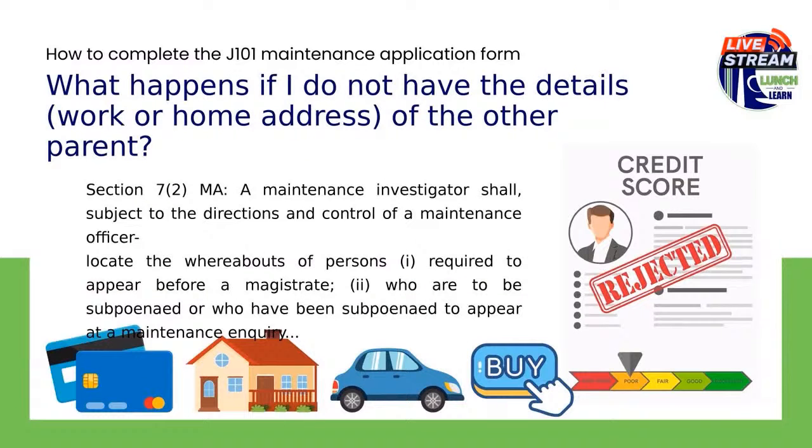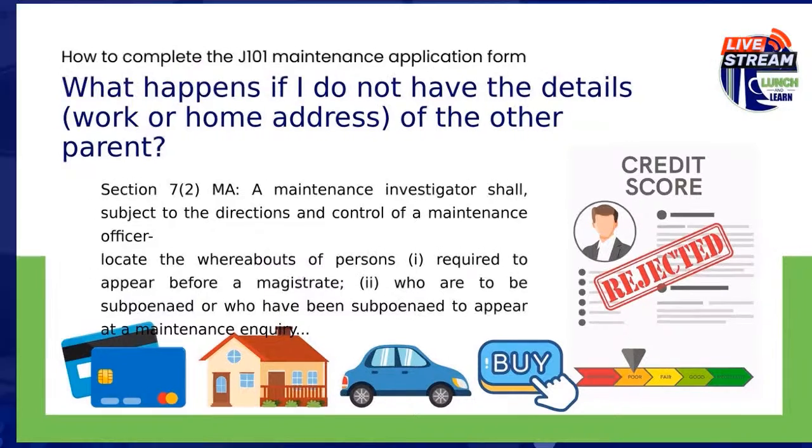So what happens if I do not have all the details on that form? Most importantly, it's the details of the father, his work and his home address. So what is your recourse if you do not have that available? I've been privy to some dealings with a tracing agency that deals exclusively with tracing of baby daddies, and most often they are requested to find a person called Sipu.